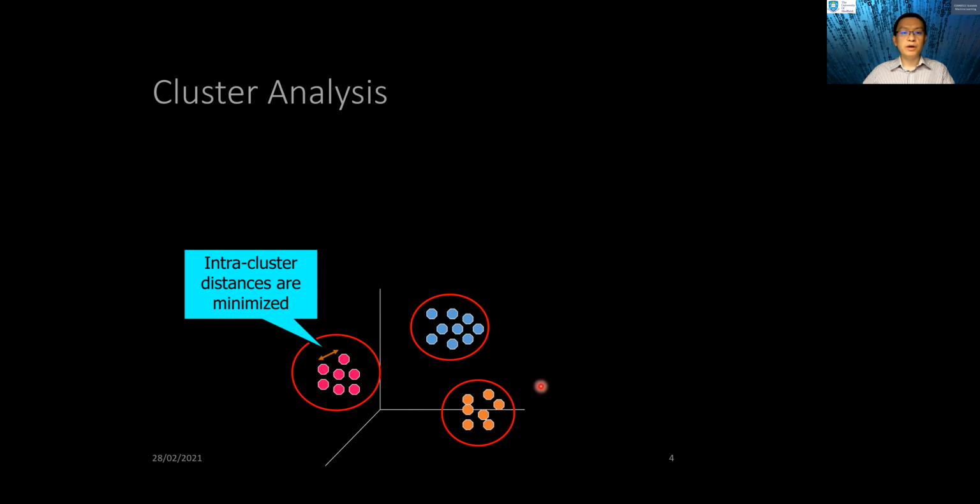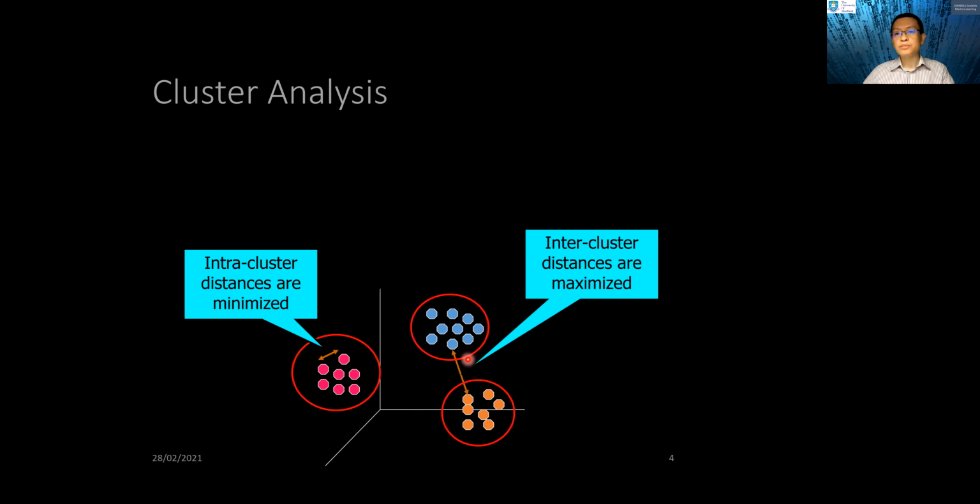The objective is to have the intra-cluster distance to be minimized, so they will be very compact, and the inter-cluster distances will be maximized, so they are well separated.